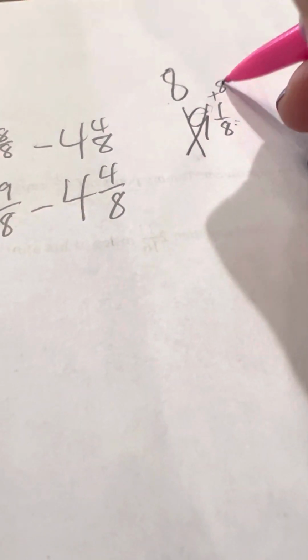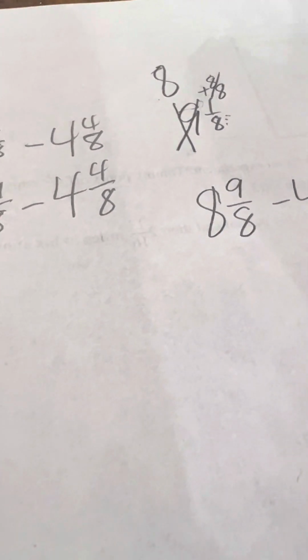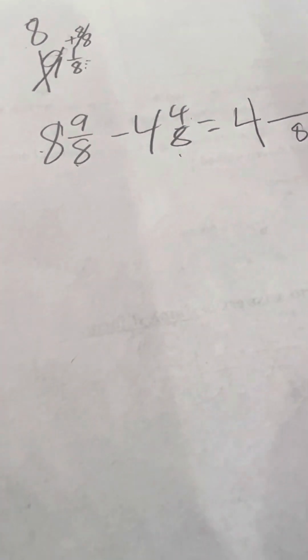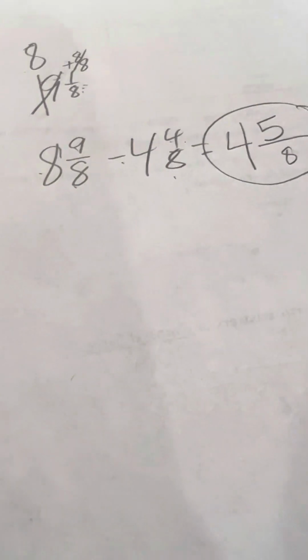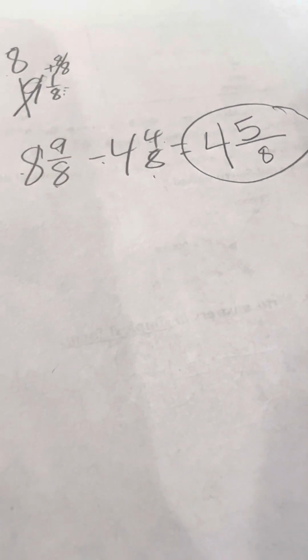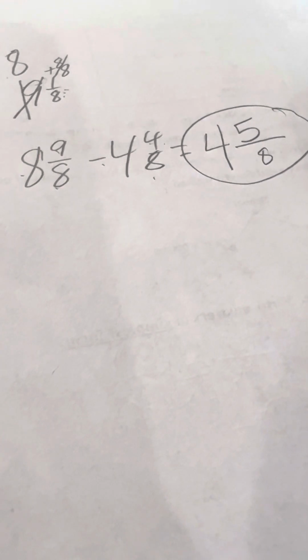So in order to do that, I added 8 over 8 here. 8 over 8 plus 1 over 8 becomes 9 over 8. So 9 over 8 minus 4 4/8. Okay? All right, 8 minus 4 is 4. Common denominator remains. 9 minus 4 is 5. And my final answer is 4 5/8.